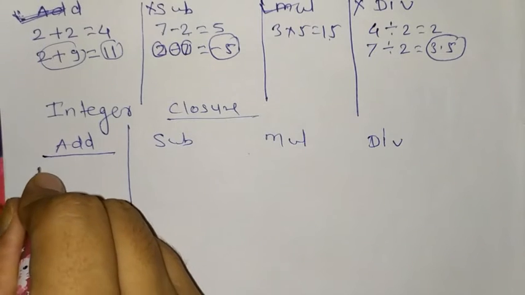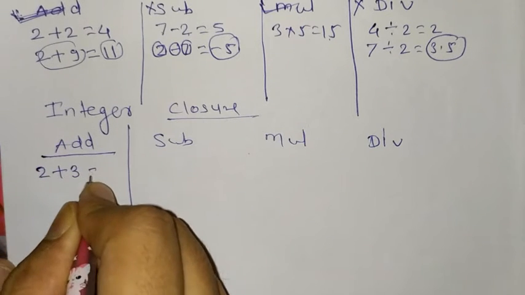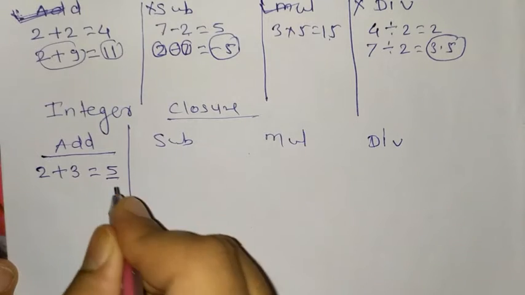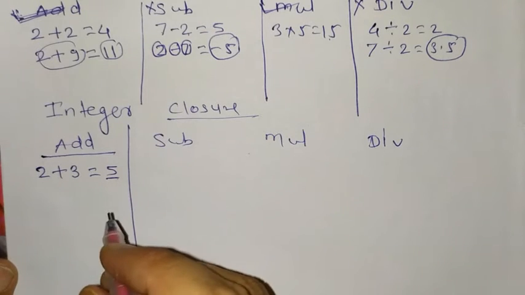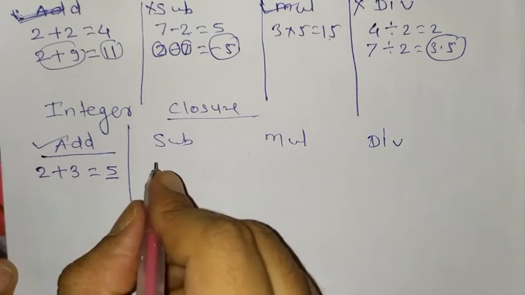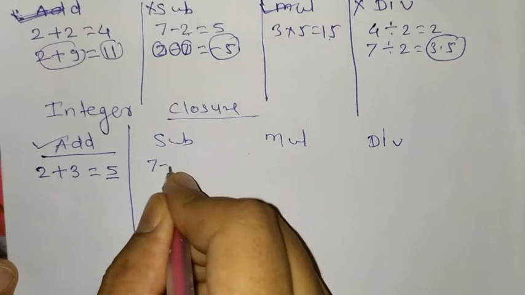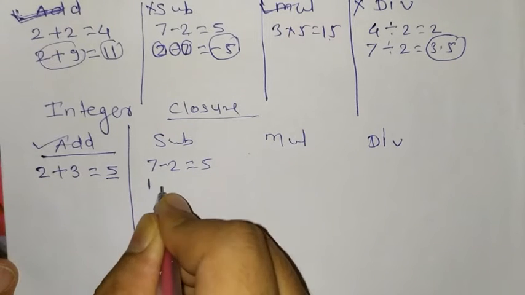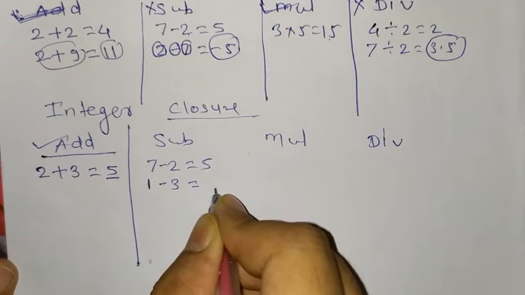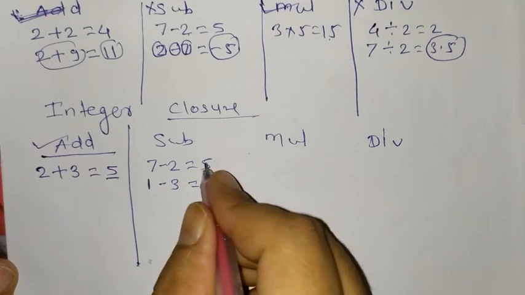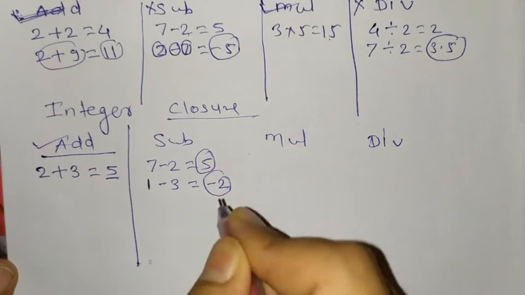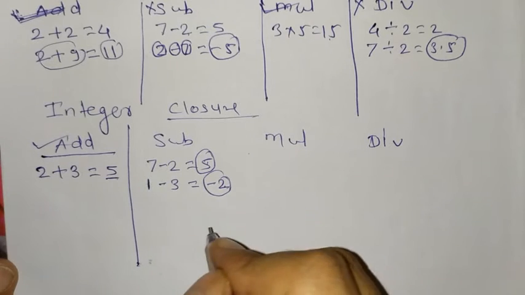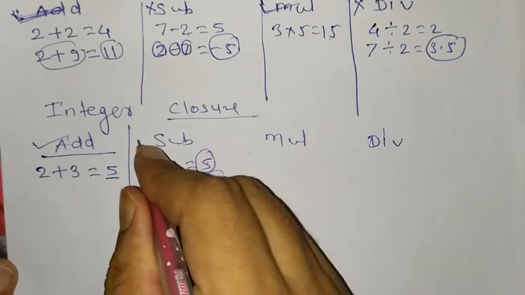If you take two numbers, it will always be an integer, because positive and negative numbers are integers, so it is satisfied. Subtraction, 7 minus 2, 5. If you do 1 minus 3, minus 2, we are getting an integer. Minus 2 and 5 are integers, negative and positive numbers, so it is also satisfied.